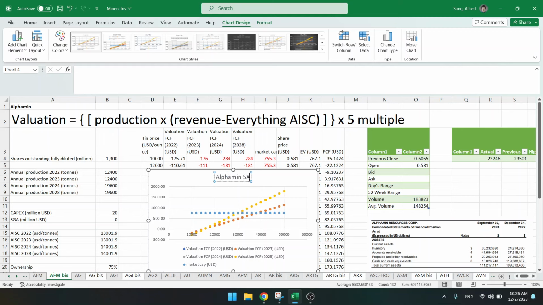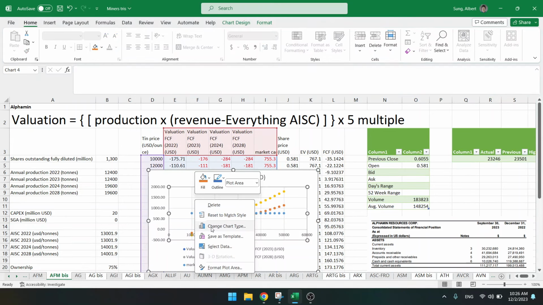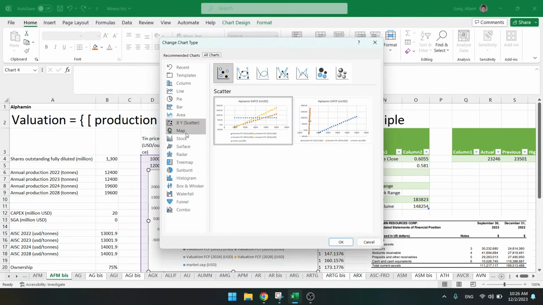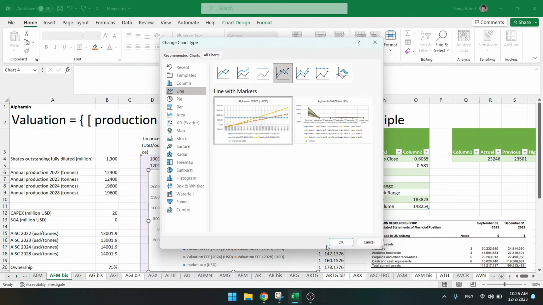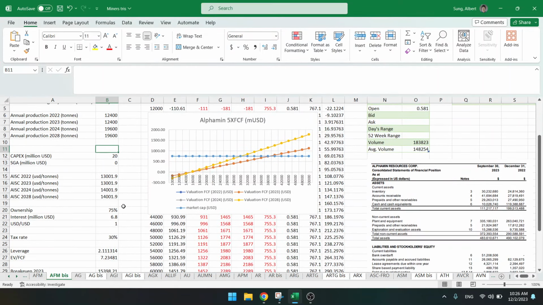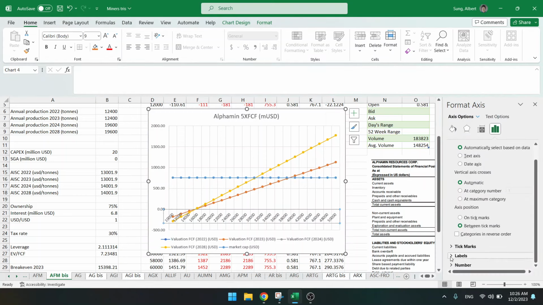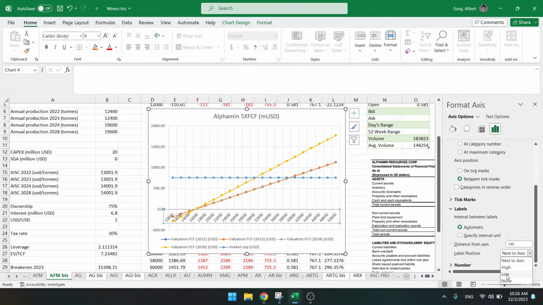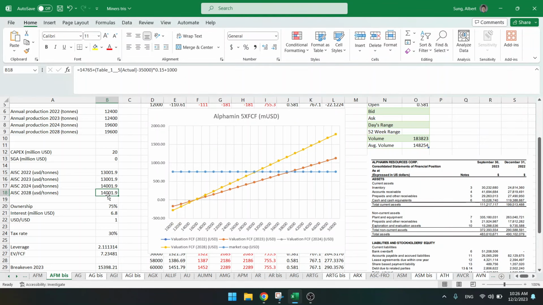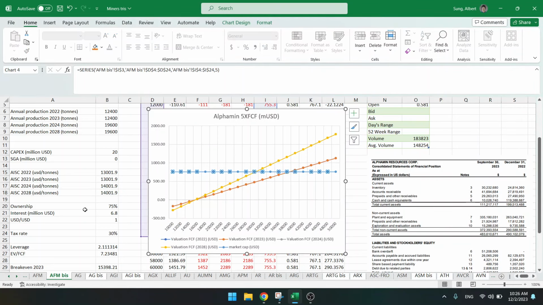This is 5 times free cash flow in US dollars. So what do we get? So that's the market cap, 700 million.